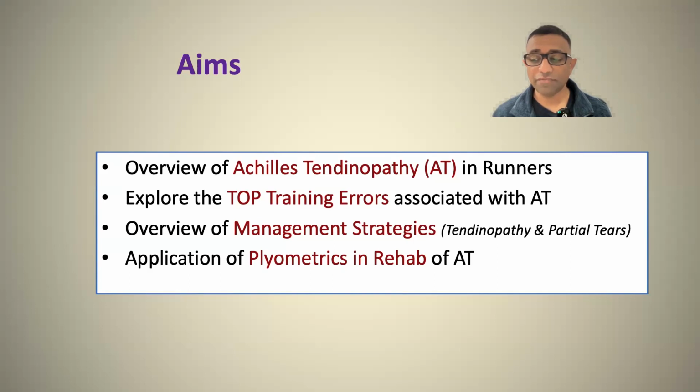What are the key factors which we need to look for in the subjective history? And most important, we'll look at the management strategy right from the early stage all the way to end stage: early isometric, heavy slow resistance, eccentric, and going into plyometrics, and also some practical applications.